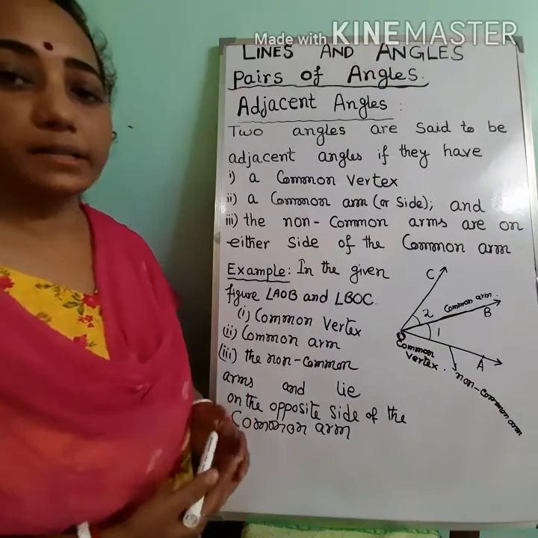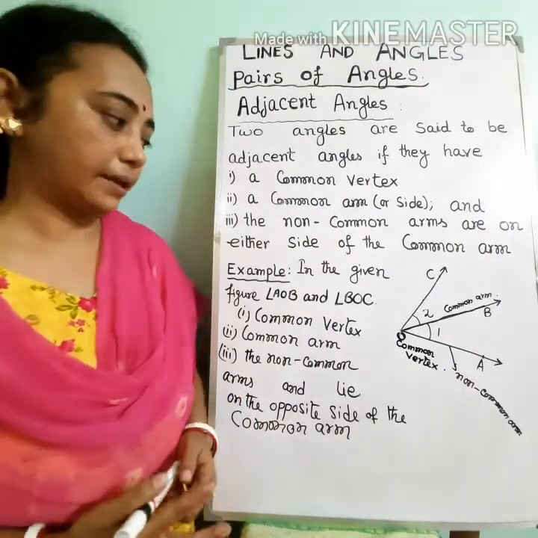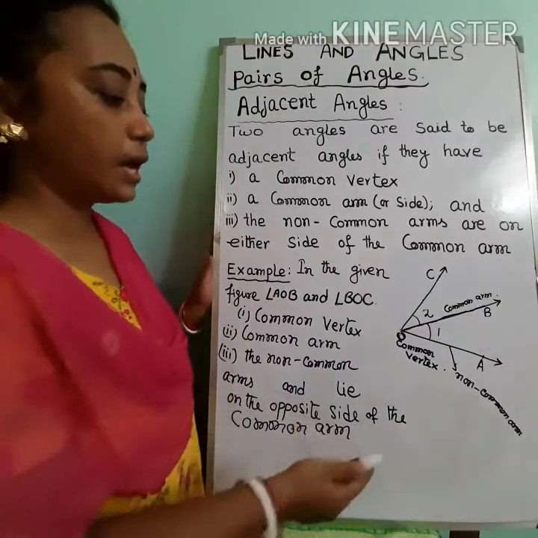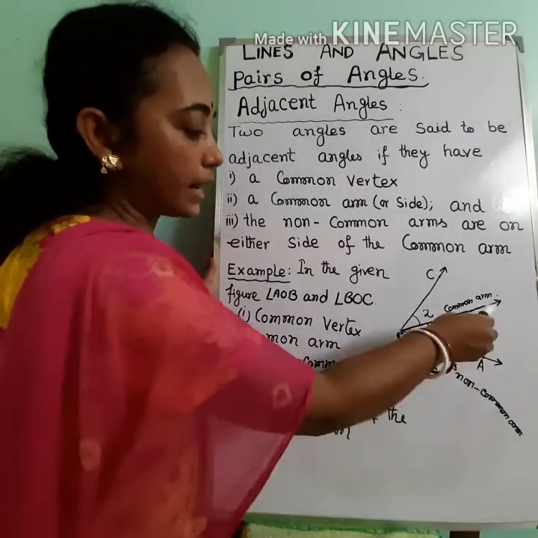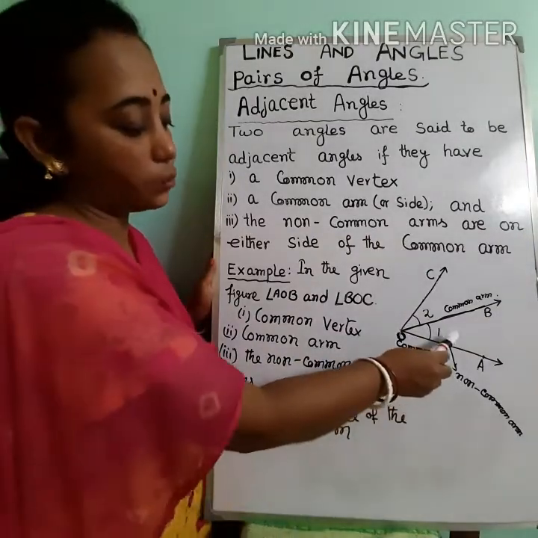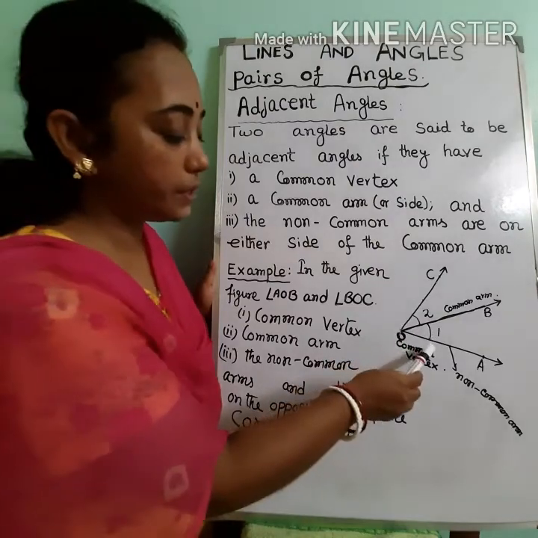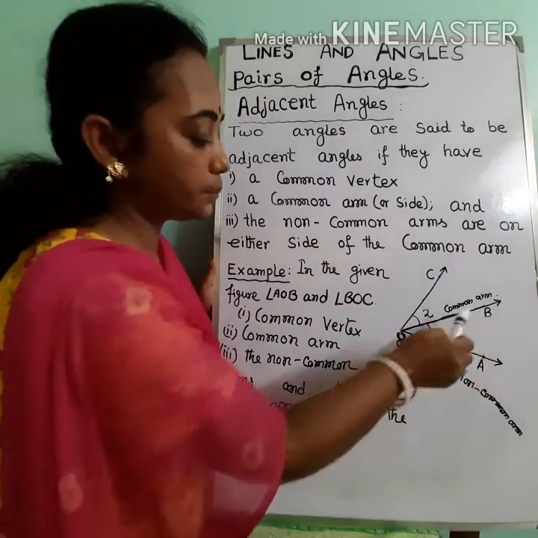Now let us see one example to understand when two angles are said to be adjacent angles. In the given figure, angle AOB and angle BOC are two angles, named angle 1 and angle 2.